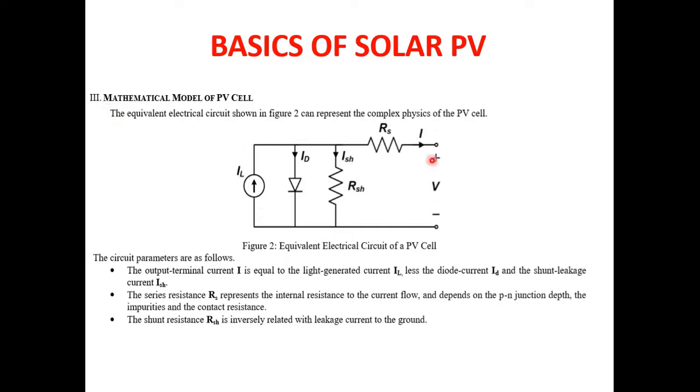So this is the mathematical diagram for the PV cell. It consists of IL, meaning total generating current in the solar cell.